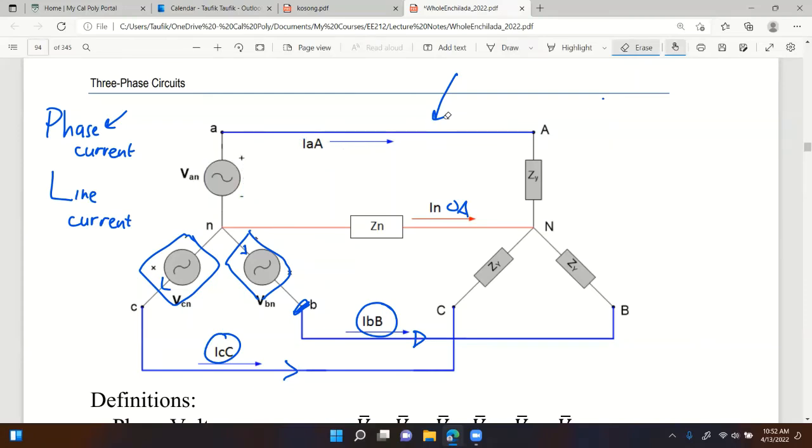Let's look at phase A again. For Y connection, just focus on phase A. What can you tell me about the relationship between phase A current and line A current? How do they relate?